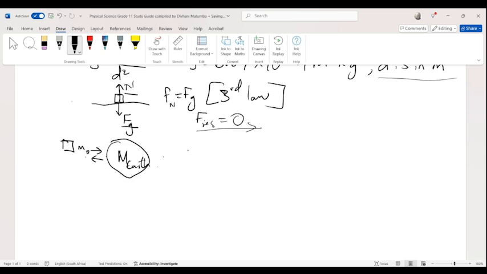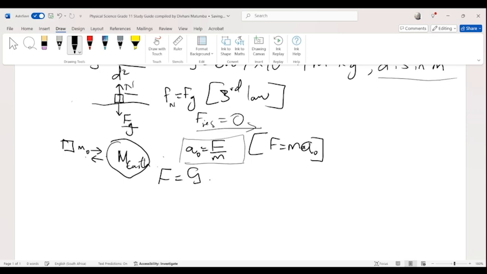The acceleration of the smaller object will be given by force over m0. This is Newton's second law, guys. Let me remind you, force equals ma. Then I made acceleration the subject of the formula, and I ended up having this. If you don't agree, please go to the comment section. I will explain it to you.